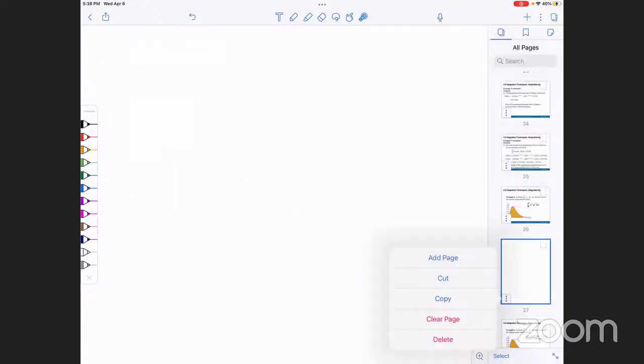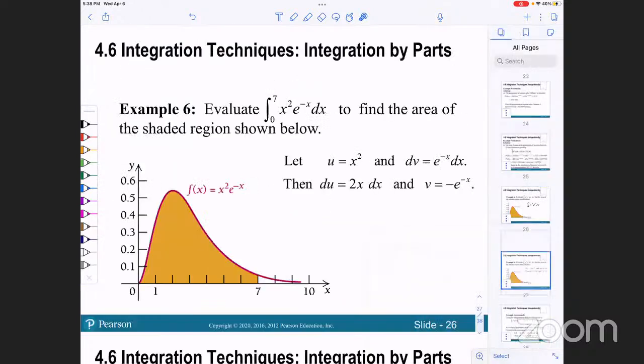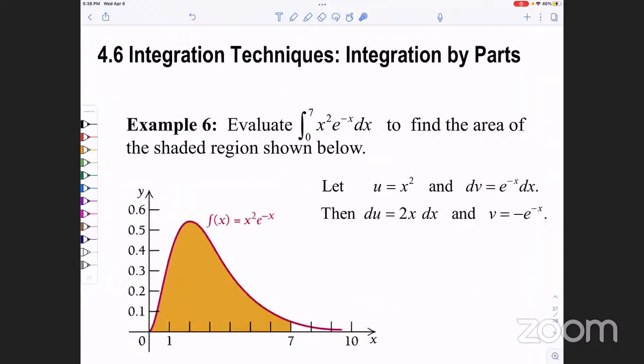So again, for the sake of time and just because I'm burnt, I'm going to piggyback off the notes. So right here, see? So let u be x squared and du be 2x. And then this integral, we said was negative of that guy. So then you're going to do your uv times your v du, these guys.